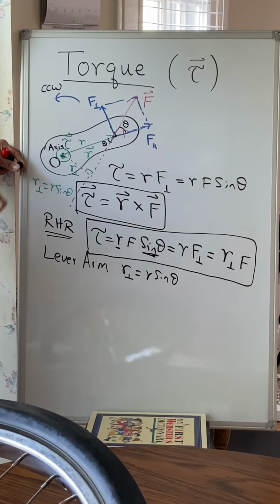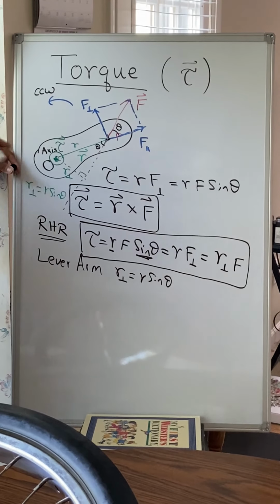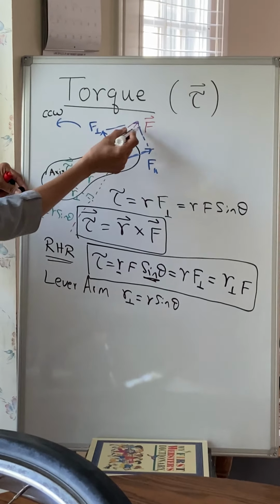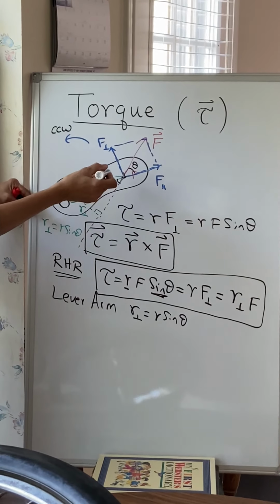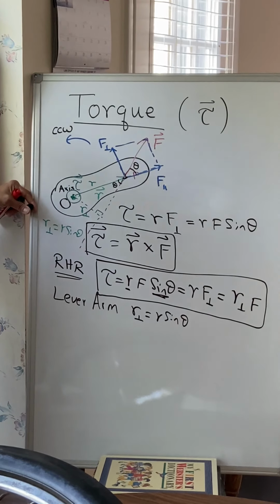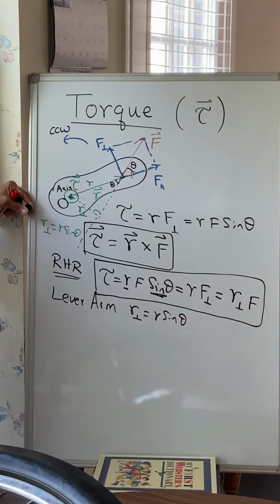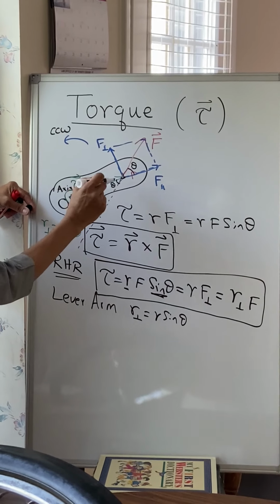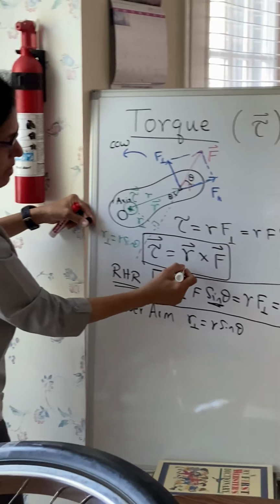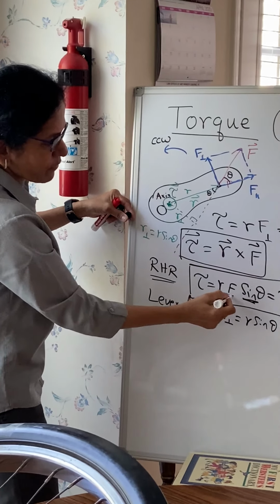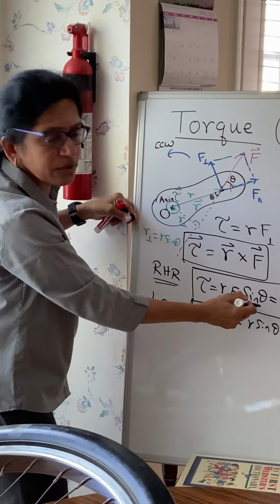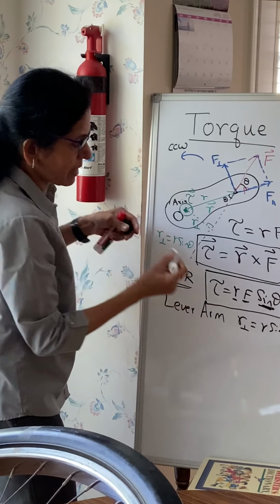So we'll spend more time with this. If you need to apply more torque, you better apply the force perpendicular, so that way all of the force goes into the turning of it, right? So it depends on how far away you apply it, how big the force is, and at what angle you apply it.